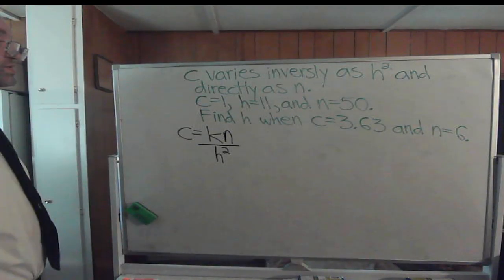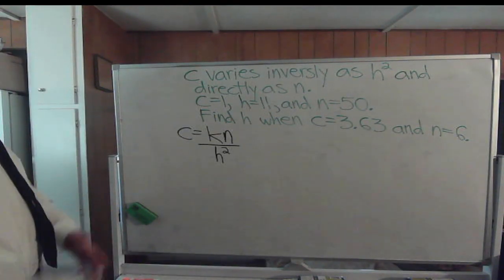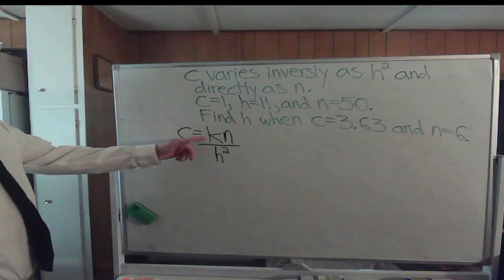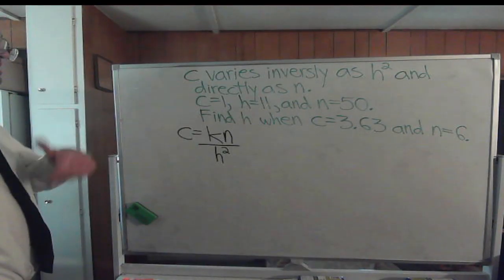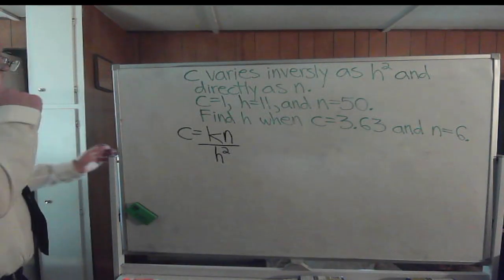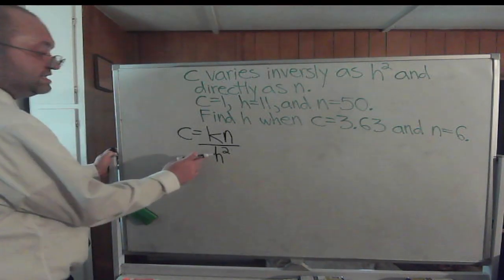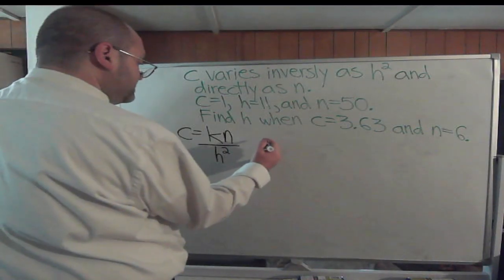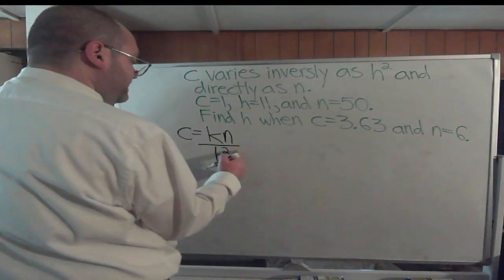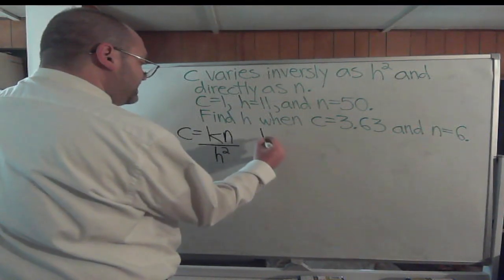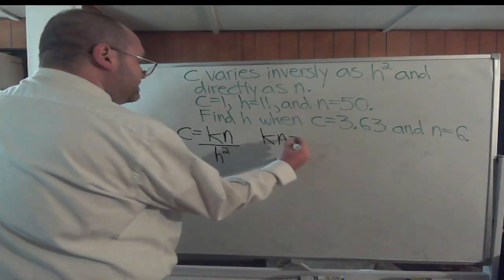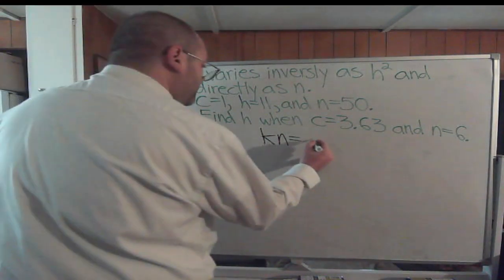Now, of course, we want to find the equation for the constant of variation, because that's the first thing we need to find. I would start with multiplying both sides by h squared first. If you do that, on the right side, you'll get kn. That'll equal ch squared.